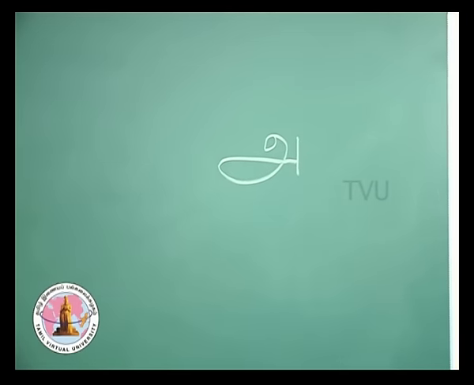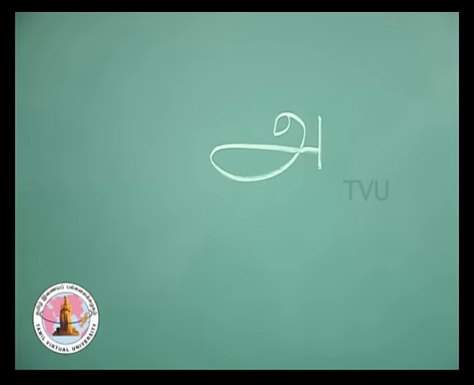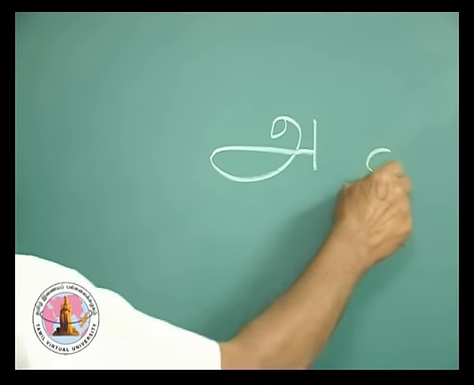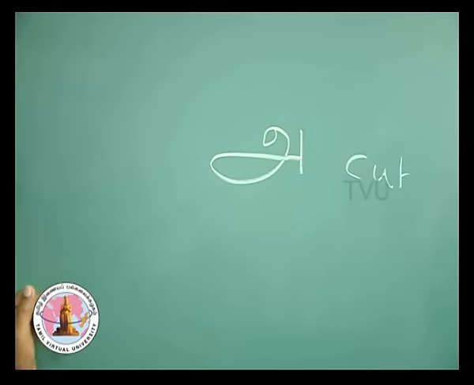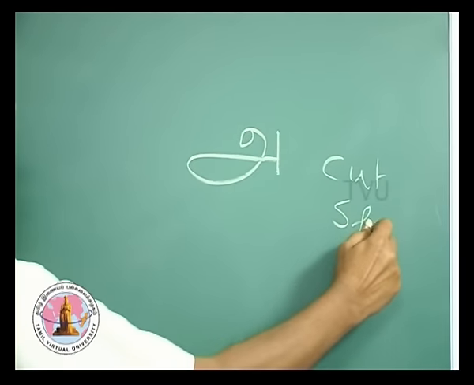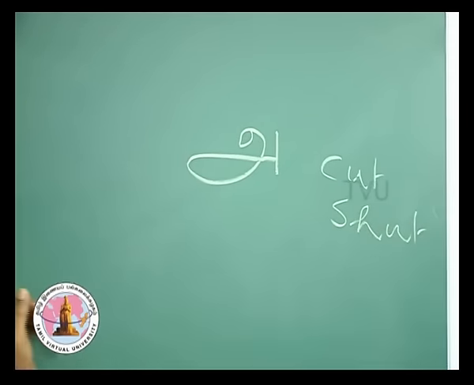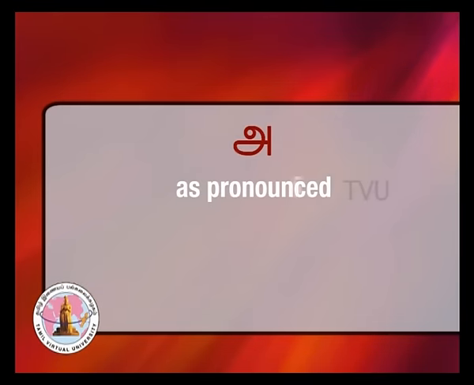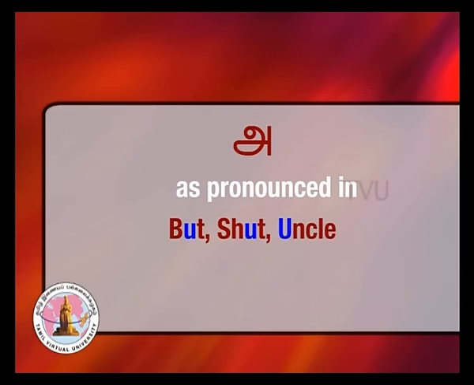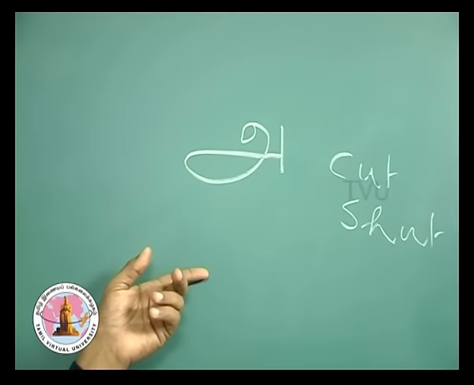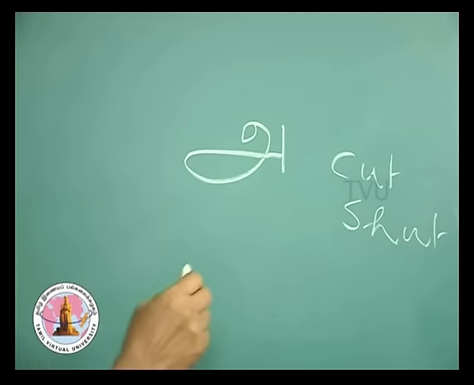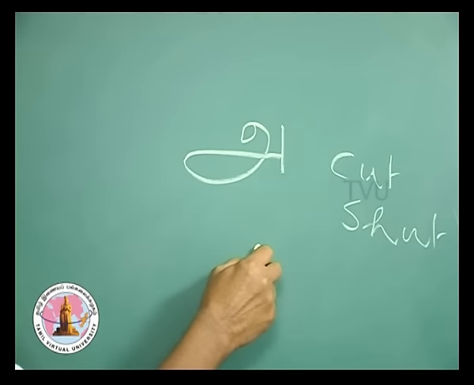This is A. As you have the vowel sound in cut or shut. This is A, and this is written like this.